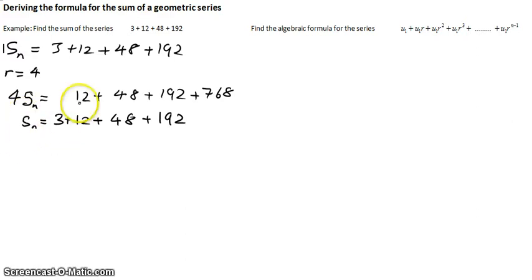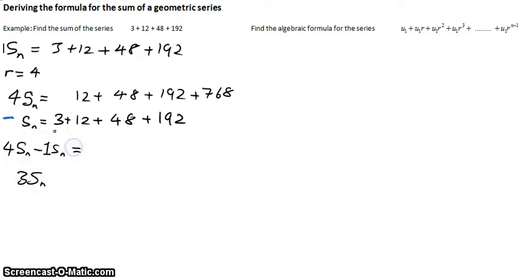Alright, so because I've got pairs of numbers that are the same, one way of eliminating those is to subtract. So if I do 4 lots of my total take away 1 lot of my total, well, that's 3 lots of whatever my total is.